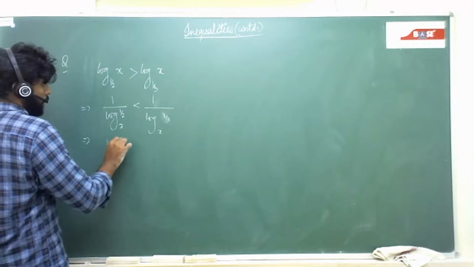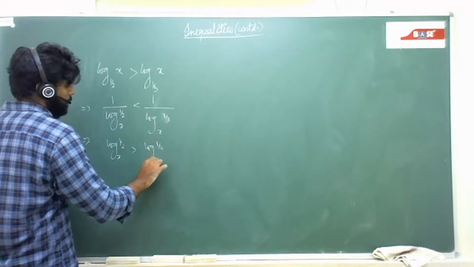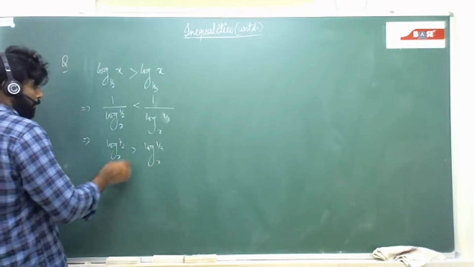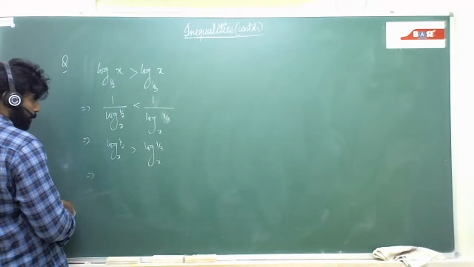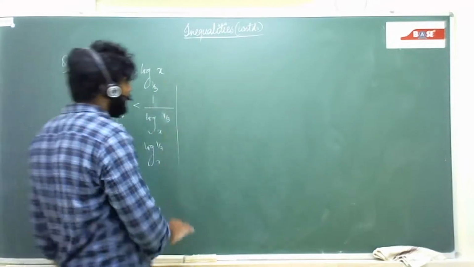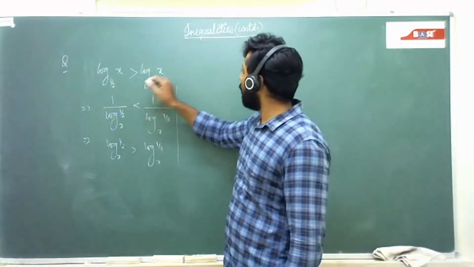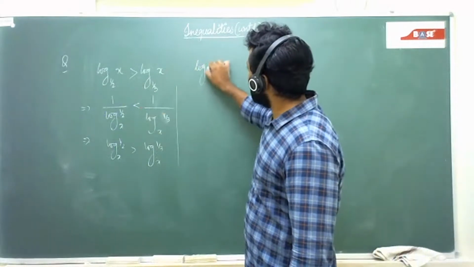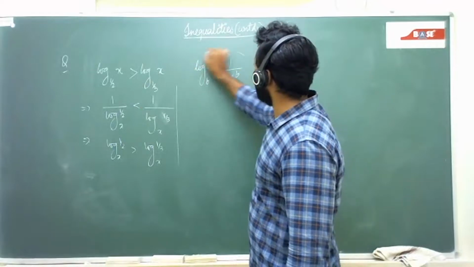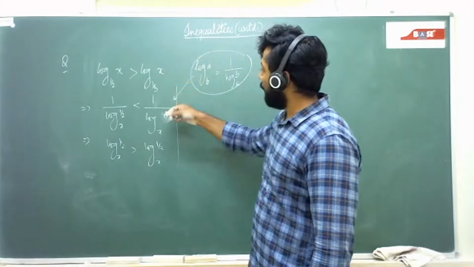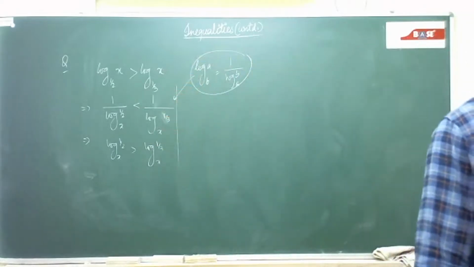So log half base x is more than log 1 by 3 base x. You transpose. Okay, now from there we will have two cases again. Base is x, we have taken reciprocal. The logarithm property that we have applied is log a base b equals to 1 upon log b base a. Okay, that's what we applied here. And then inequality properties. Reciprocal means inequality sign will change.